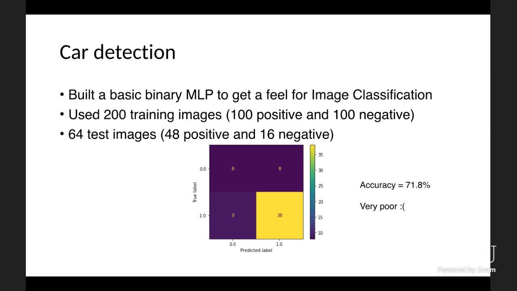It's really poor. But it really helped me get a feel of image classification and MLP and the stuff that's been taught in class till date. So I'm really comfortable with MLP at least, by doing this small exercise.